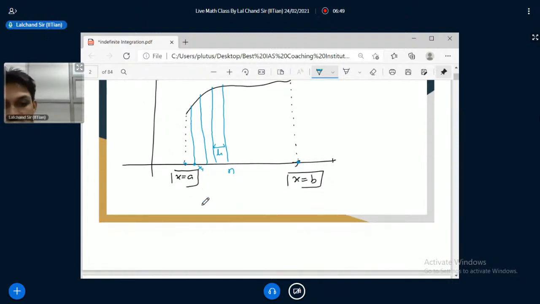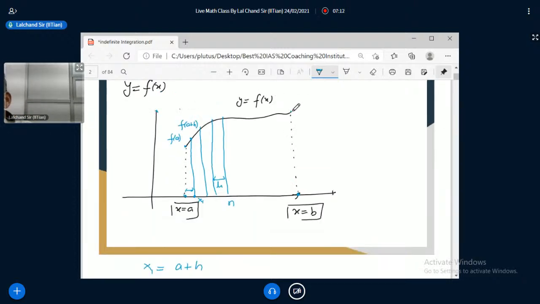The value of x1 will be a plus the increment h, so we can write a plus h. Here the function value is f of a, here it will be f of a plus h, and at this point the function value will be f of b.